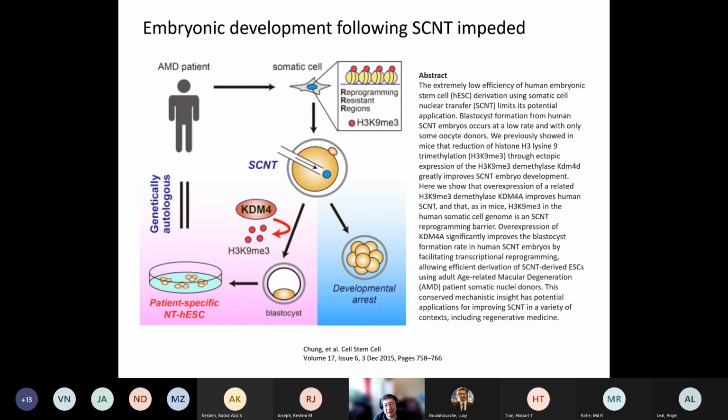So with that, you can appreciate that although the majority of the genetic material is from the somatic cell in the somatic cell nuclear transfer, the oocyte does contribute a little of the genetic material.